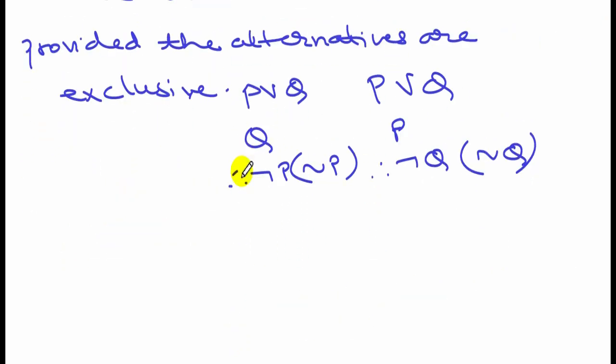So when the affirmation comes, it is modus ponendo tollens. Okay. Now let us look at an example.